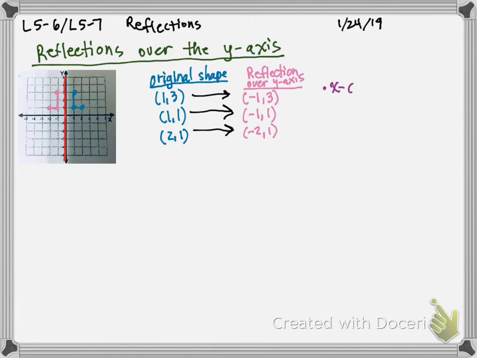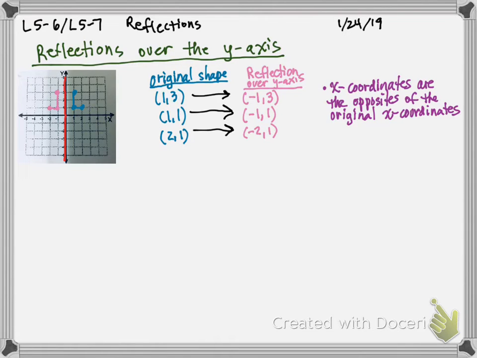So the x coordinates are the opposites of the original x coordinates. Okay, the x coordinates are the opposites. 1 became -1, 1 became -1, 2 became -2.